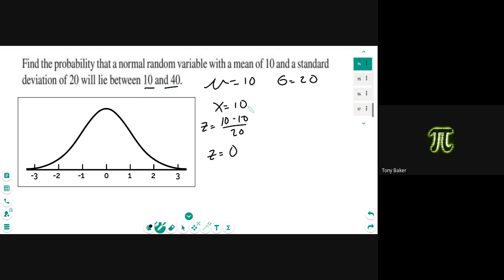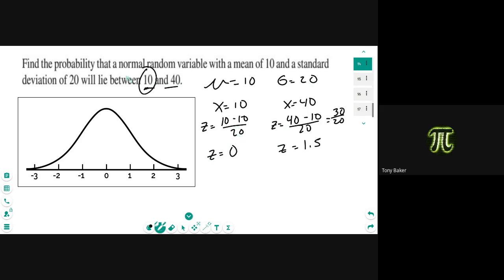So x is 10, my z is 0, right? And then if x is 40... Wait, what are you doing? Yes, you do it for both. Where are you getting 10 minus 10? It's x minus your mean divided by your standard deviation.